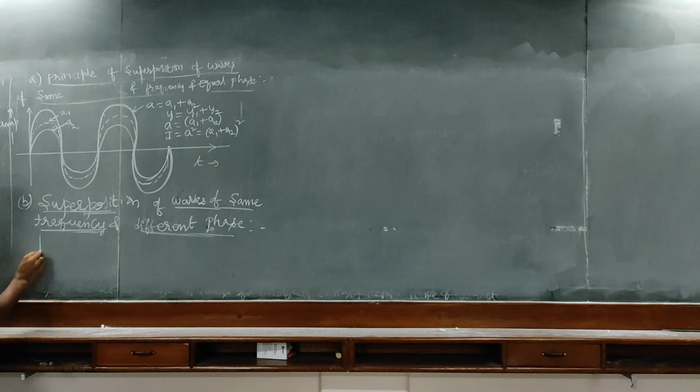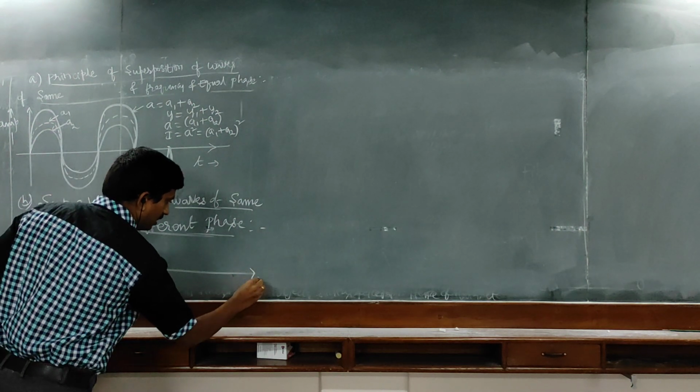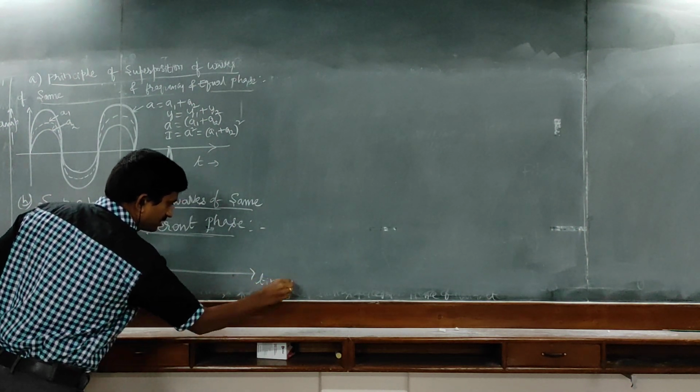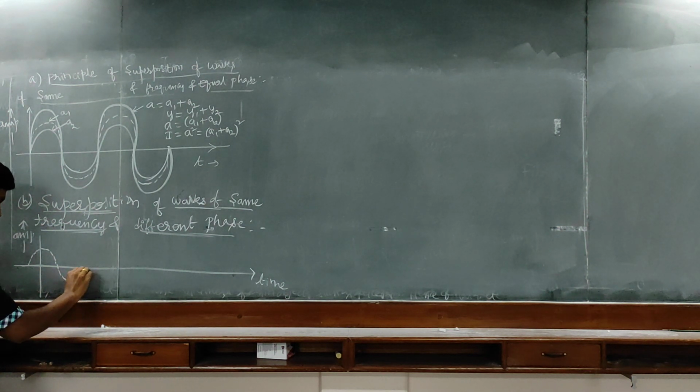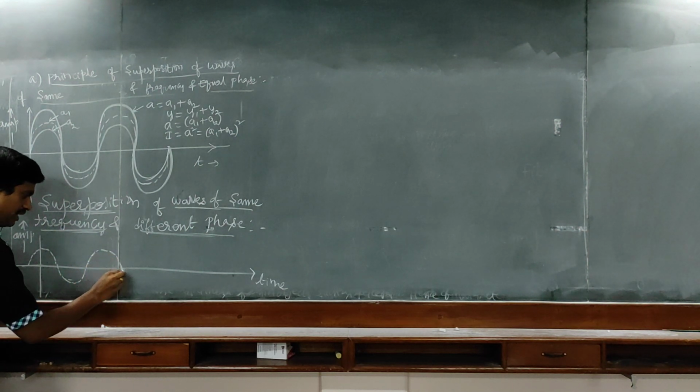Similar to the above diagram, here also this is the graph drawn between the time along the x-axis and amplitude along the y-axis. Then the first wave is represented by dotted lines, whose amplitude let it be A1.